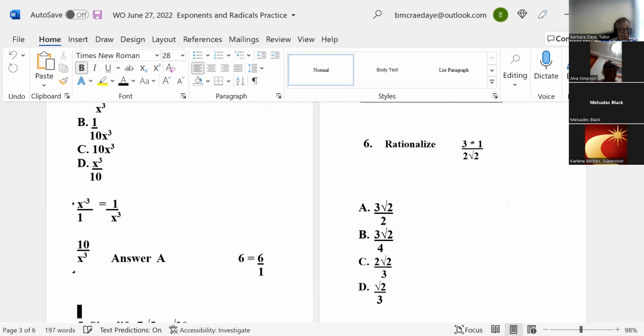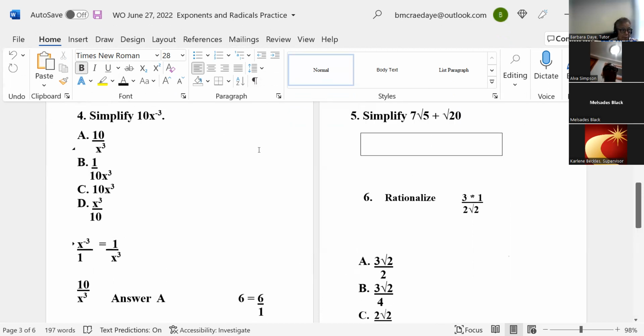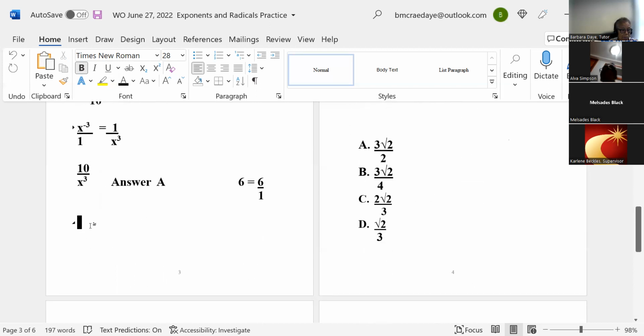Suppose you had 64 and you had p, and let's make this minus 2. What would that be equal to, Mercedes?